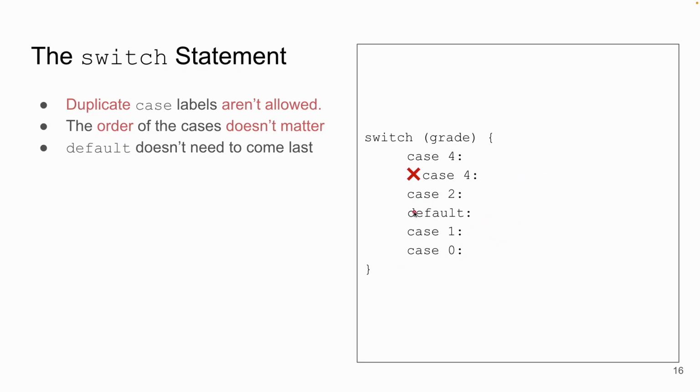If we put it here, it doesn't change the behavior of switch, because switch just evaluates the value of the controlling expression and then goes to the case whose label matches the returned value. So we can put the default here as well, just like I said in the second rule, the order of the cases doesn't matter.